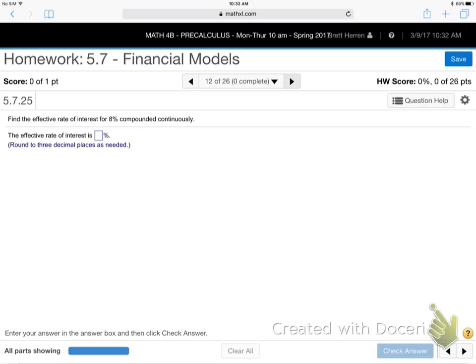I'm like, just put in $1 for 1 year. Just stick $1 in there. Hey, which formula are we going to use on this one? Continuous compounding, so we're going to use the PERT formula.